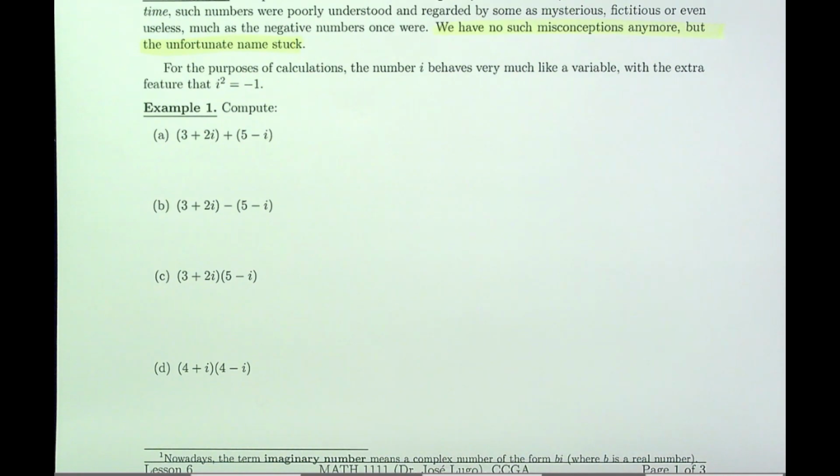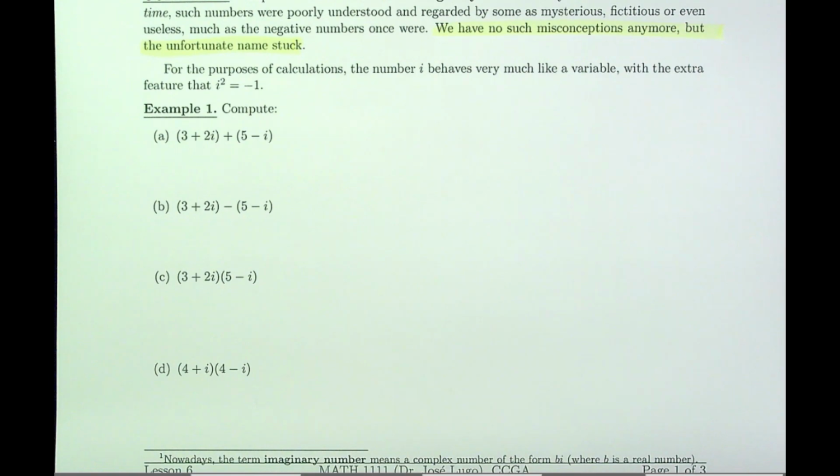Okay, now dealing with complex numbers is actually very easy because you treat the i in exactly the same way as if it were a variable. You're just gonna do everything as usual: add as usual, subtract as usual, multiply as usual.